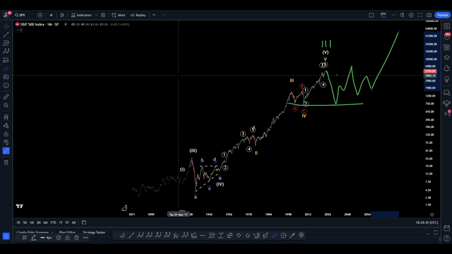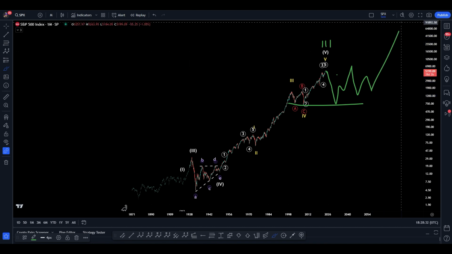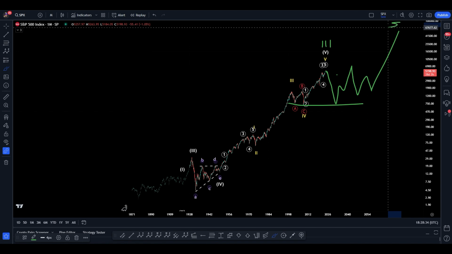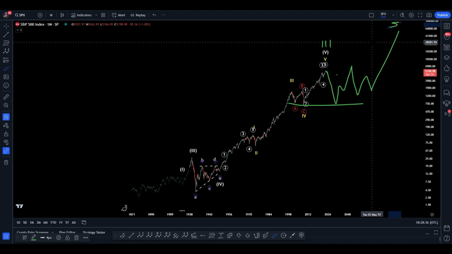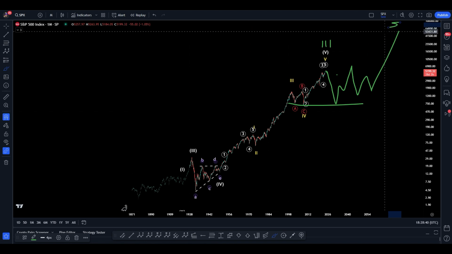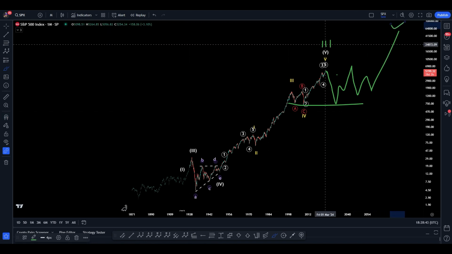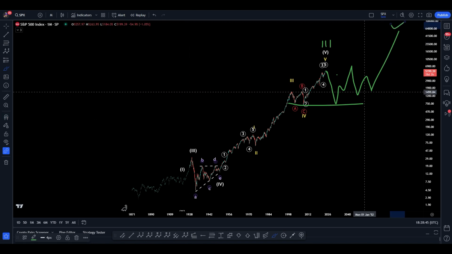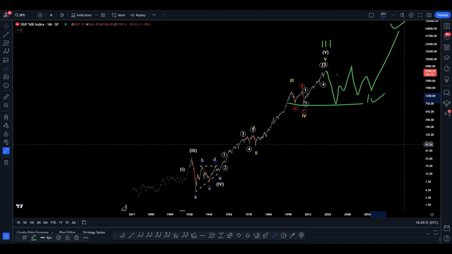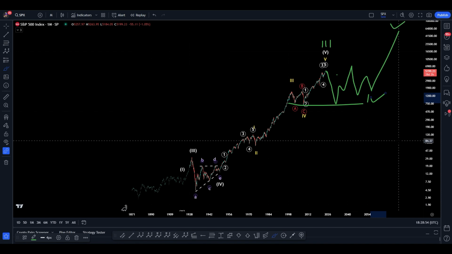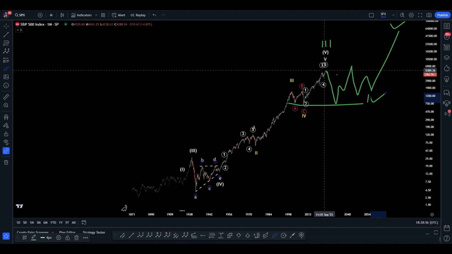If that's grand supercycle degree, then this one is going to be the 5 that belongs with that one, and this would be your 4. That would be the most logical thing to happen if this is correct, my guess would be you would get either a regular flat or a running triangle. But it depends what that second wave was, and I can't see it.